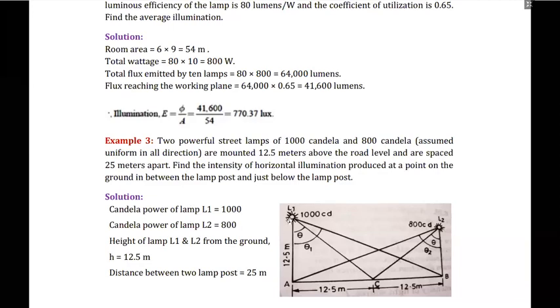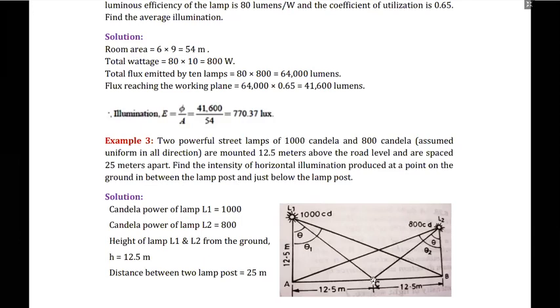So the height is 12.5 meter from the road level, and they are 25 meter apart. This is the distance between both light sources L1 and L2, 25 meter. Find the intensity of horizontal illumination produced at a point on the ground in between the lamp posts.